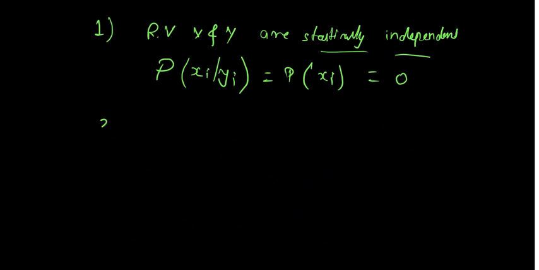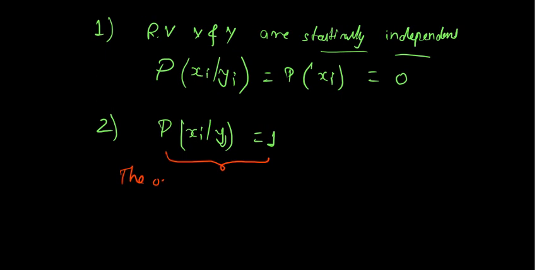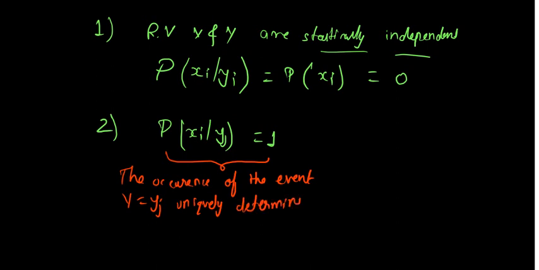Then the second property will be, let's say, that p of xi given yj will be equal to 1. Let me write in words: this will happen when the occurrence of the event y equals yj uniquely determines the occurrence of the event x equals xi, right?